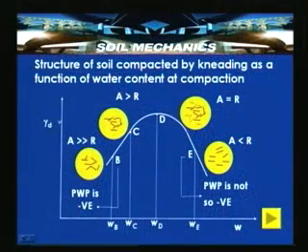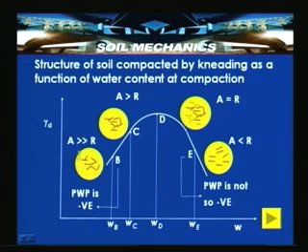In this diagram the dry unit weight is plotted on the y axis and water content on the x axis, with four different points B, C, D and E. We discussed that the soil structure at B is different from the soil structure at E. Here the soil has less water content, WB is the water content at B, and at E the water content is WE, which is greater than the water content at B.